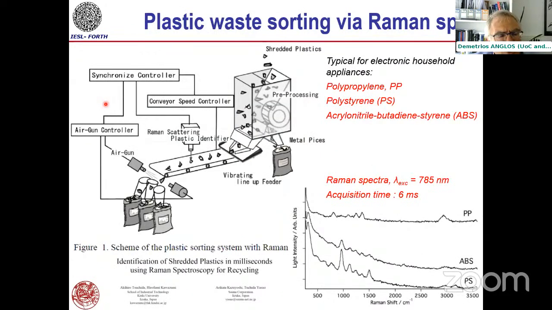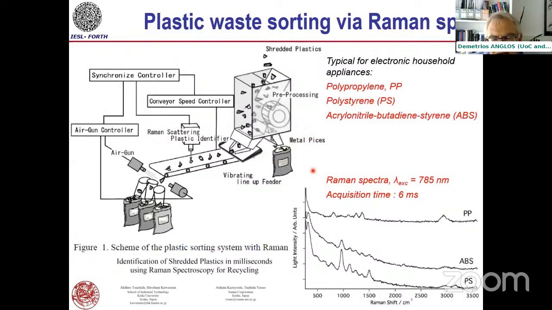to something which is more relevant to our project, plastic waste sorting via Raman spectroscopy. This is a quick example that indicates how plastics in a recycling unit are broken into smaller pieces. They might contain metal components as well, so they get into a pre-processing unit.